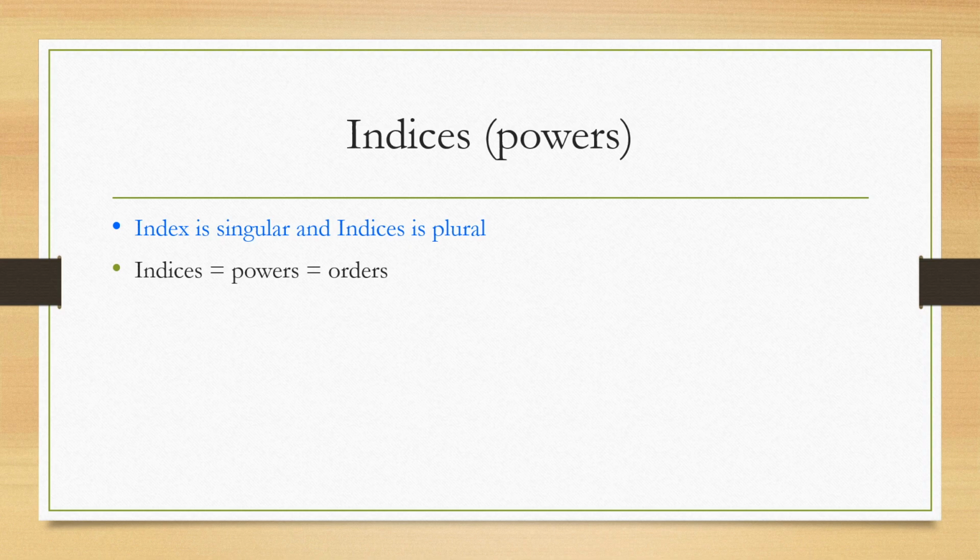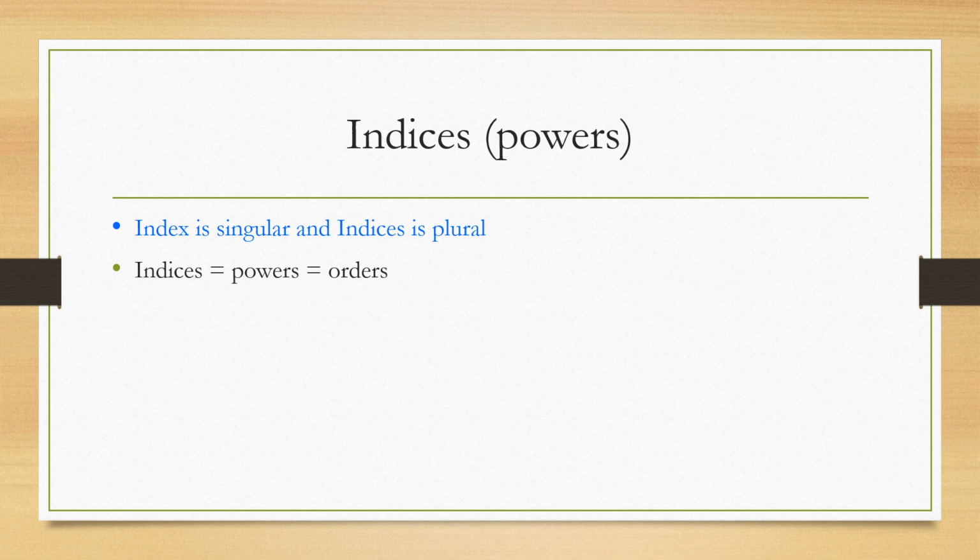You might see in my last video I talked about BIDMAS, and people sometimes use something called BODMAS as well. So BIDMAS uses indices and BODMAS uses orders. So just remember, index is singular, indices is plural, indices is the same as powers, which is the same as orders.